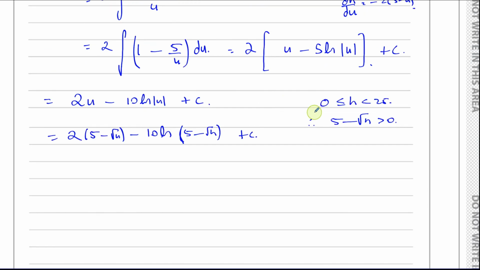All right. Now we're going to expand this. It's going to give me 10 minus 2 root u, sorry, what am I doing? I'm supposed to say root h.